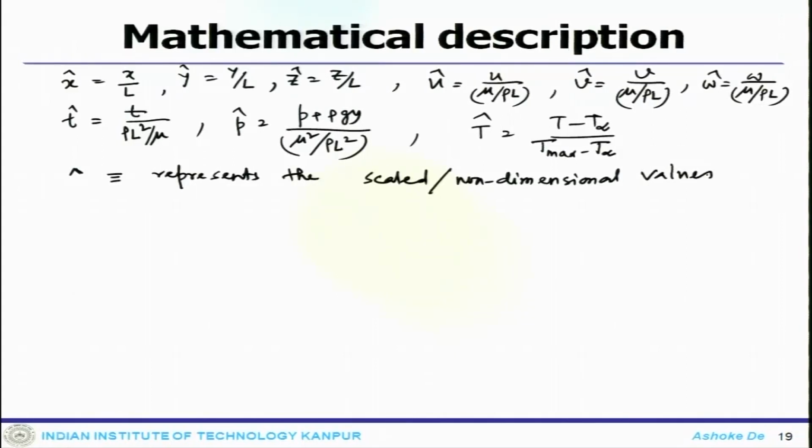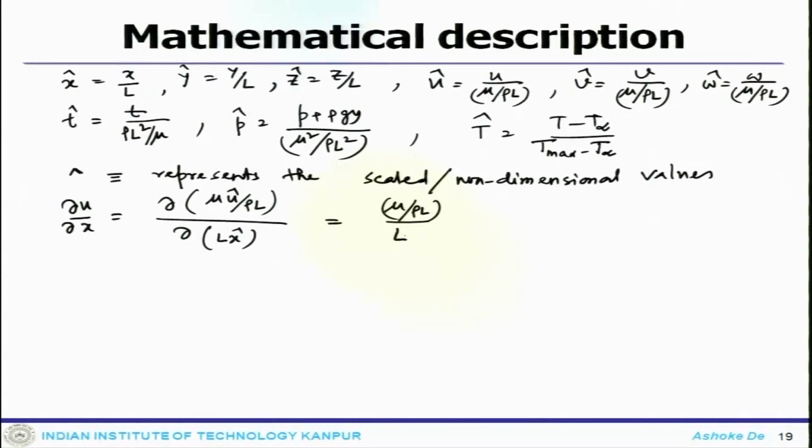Now, if you put them back together, for example, let us say I take the first derivative del u by del x, which is essentially going to be del of (mu u hat by rho L) by (L x hat). So, if you take that mu by rho L outside and L outside, this will become mu by rho L square del u hat by del x hat.